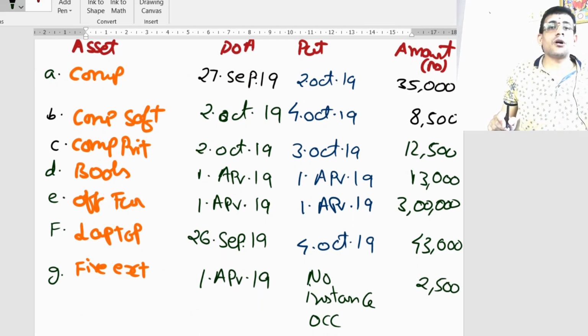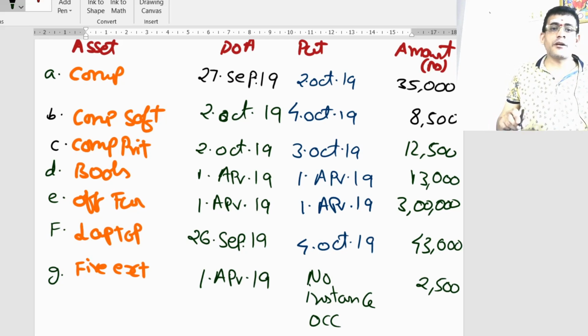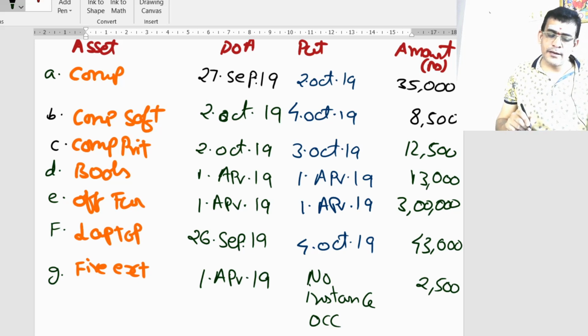Whenever you are doing this sort of problem, what are the things you should first see? If you have nearly 4, 5, 6, 7, 8 assets, you need to ascertain which block the assets fall in and how many blocks you are supposed to create.